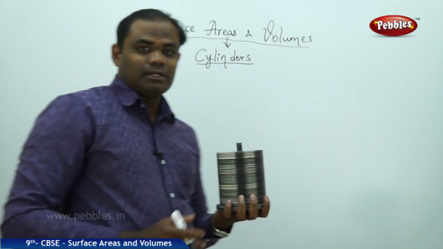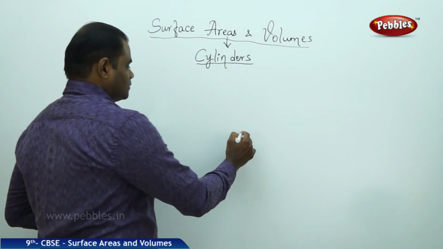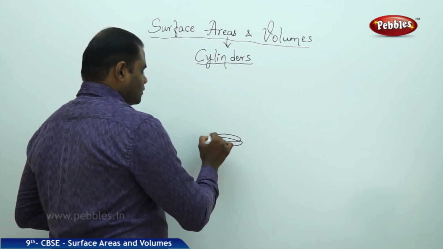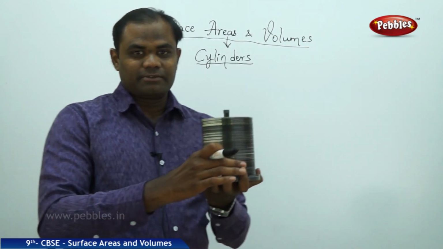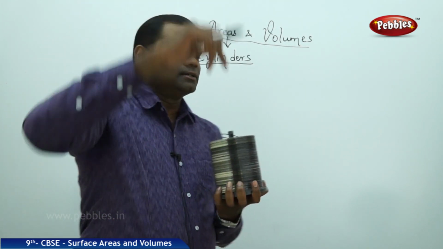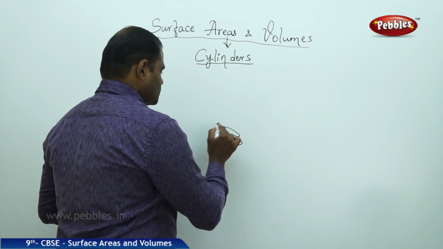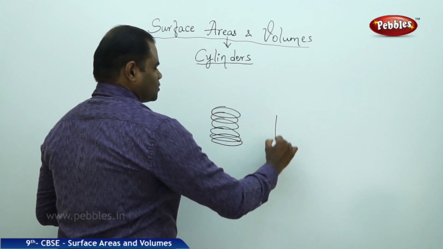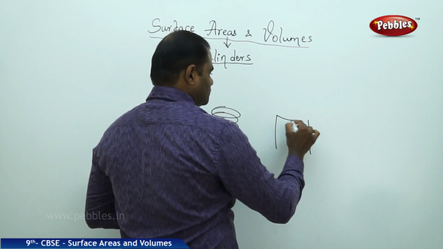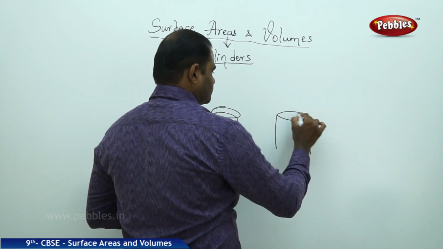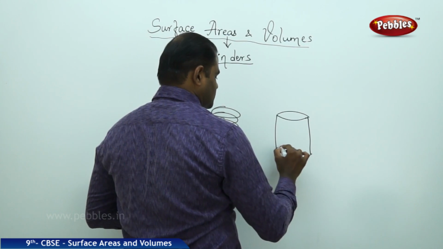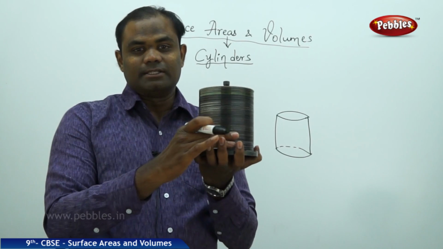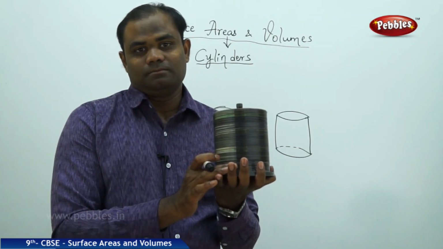When I take a circle, as in this model, and put another circle or a 1 rupee coin or a CD one over the other, we see that the different CDs as built form a sort of shape which looks like this. And this kind of shape formed by these CDs is nothing but a cylinder.